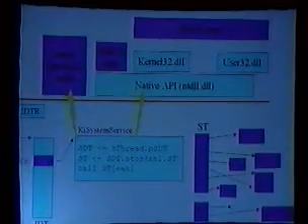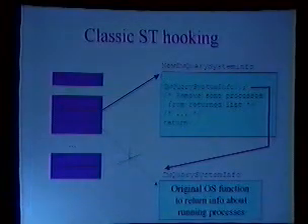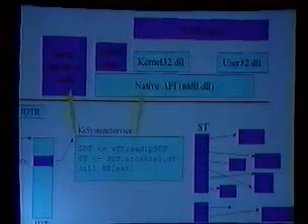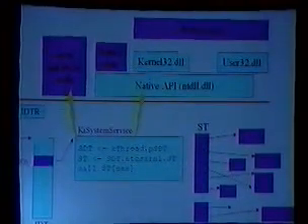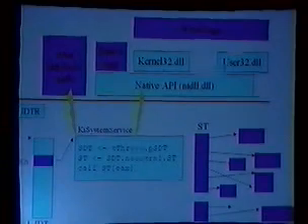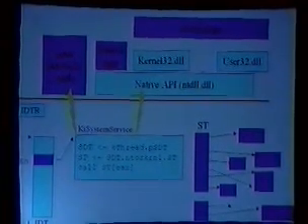So once again we have this playground picture, and we start from the classic service table hooking. So the rootkit is just hooking this, just replacing some pointers in the service table.